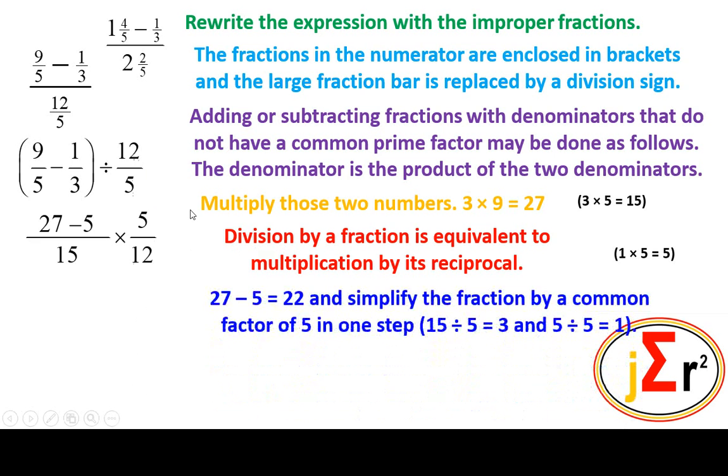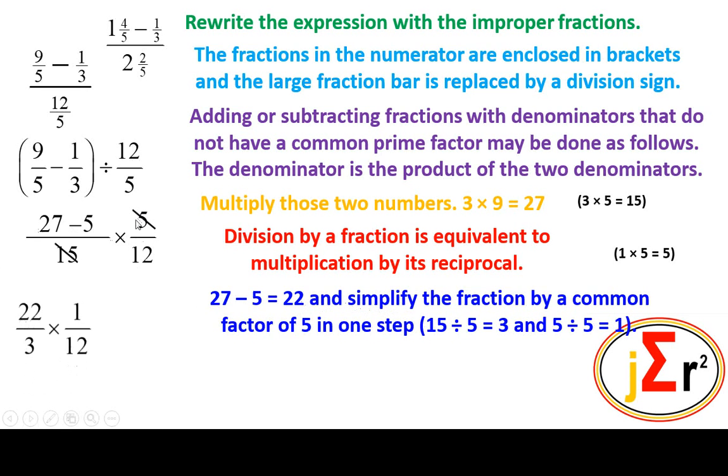Then we may go straight ahead with the simplification process. First of all, 27 minus 5 is equal to 22, and we may simplify by a common factor of 5 in the same step. So we are going to say that this is 22, and we are going to simplify by a common factor of 5 in the same step.